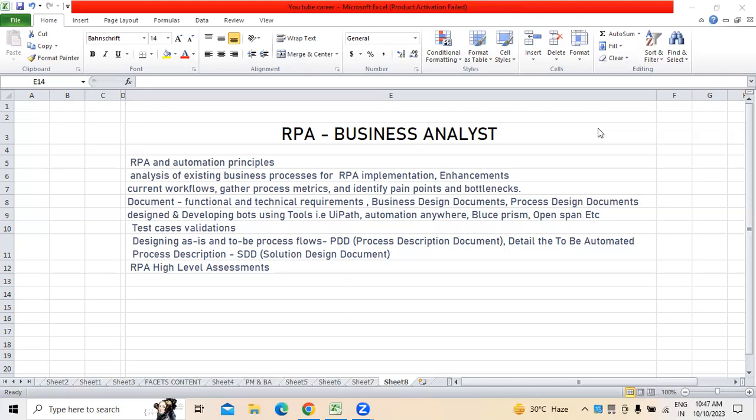projects, wherein we may be required to work on migration related projects where we are migrating from legacy systems to new applications, or we may be required to develop new applications relating to RPA, etc. So whatever the common skill sets of a business analyst, preparing documents, writing user stories, business requirements, functional requirements, and all that.